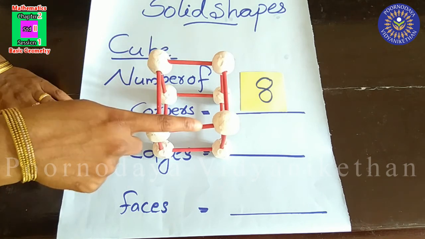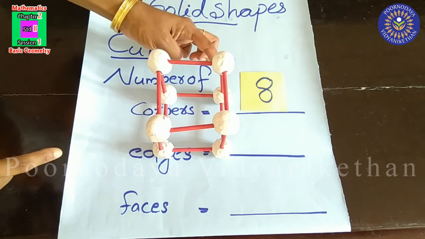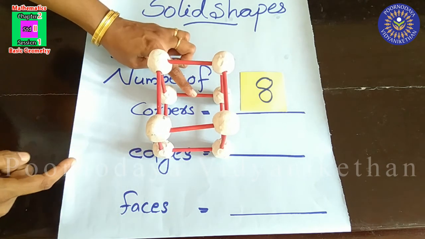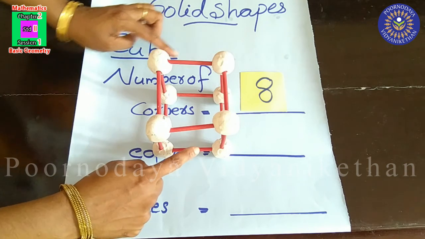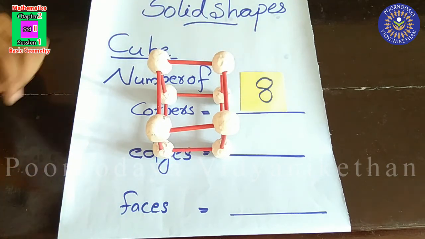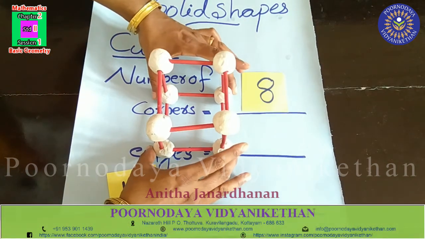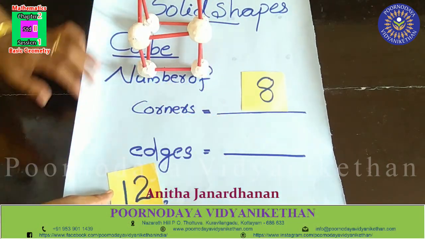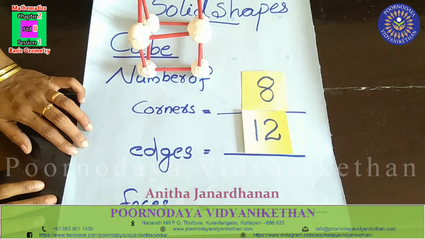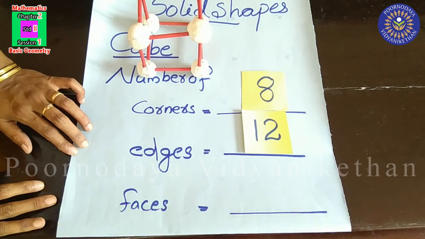There are 12 edges. So, here you have to write the number of edges is equal to 12, or a cube has 12 edges.